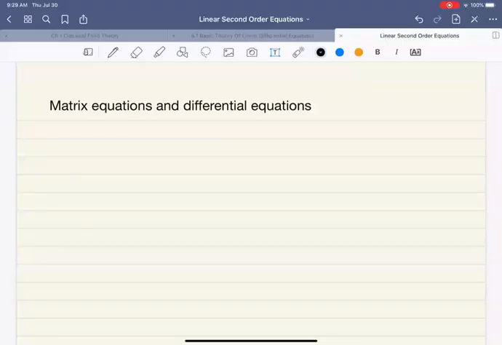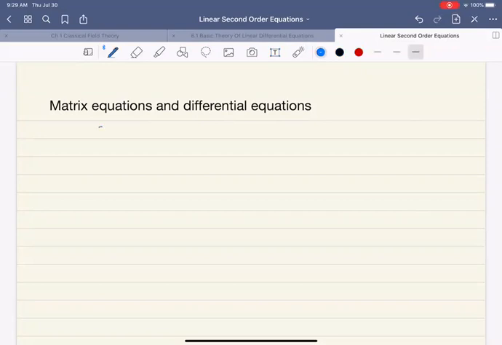All right, welcome back. I want to make this connection between matrix equations and differential equations very explicit. Let's say we had a matrix equation or a linear system.